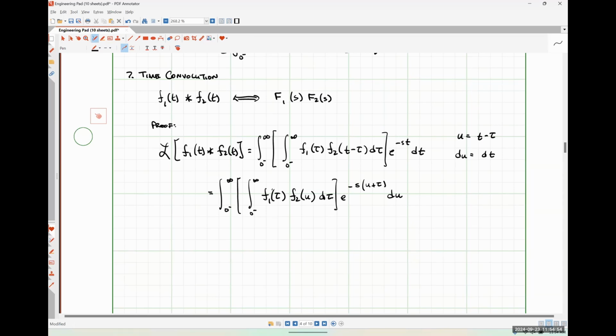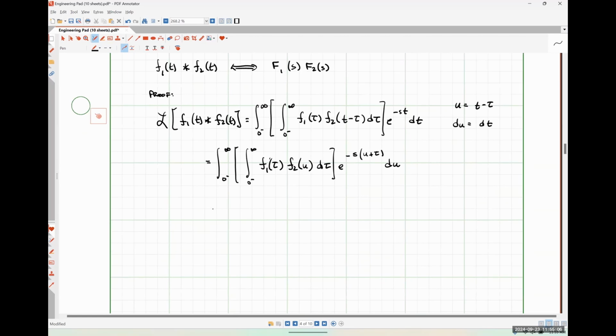And I can split this exponential up into an e to the negative su times e to the negative s tau. No, this du should be du because I'm just replacing this dt here with the du. This d tau should have remained d tau.